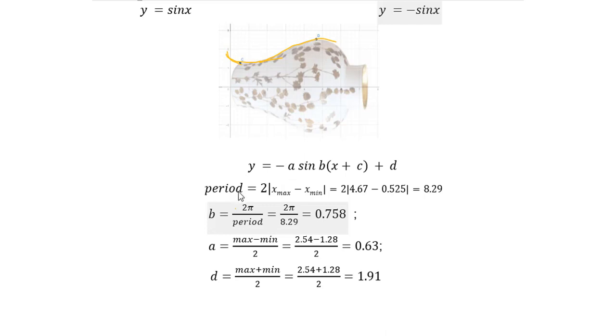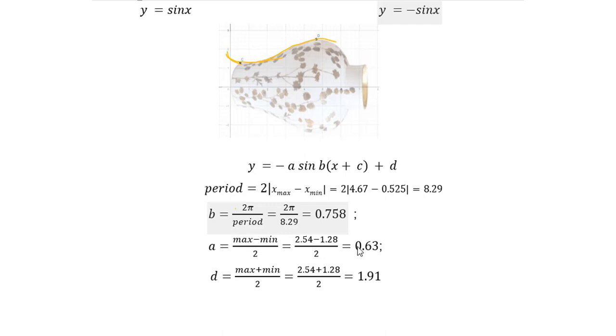Then for the period equals 2 times x maximum minus x minimum, you will get 8.29. Therefore, for B, we use 2 pi over period. You will get 0.758. For A, we use maximum minus minimum over 2.